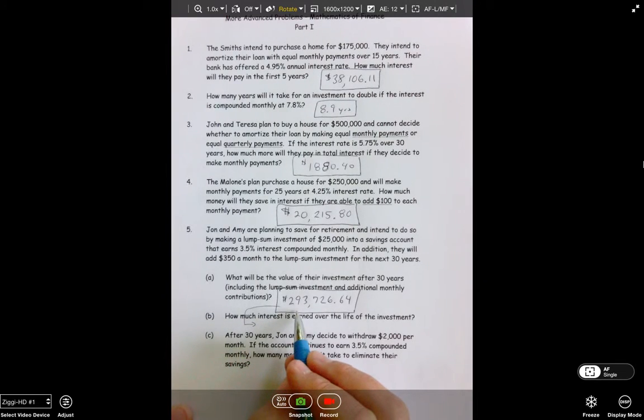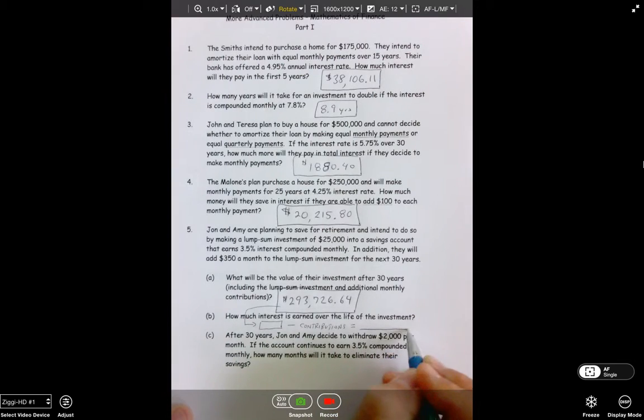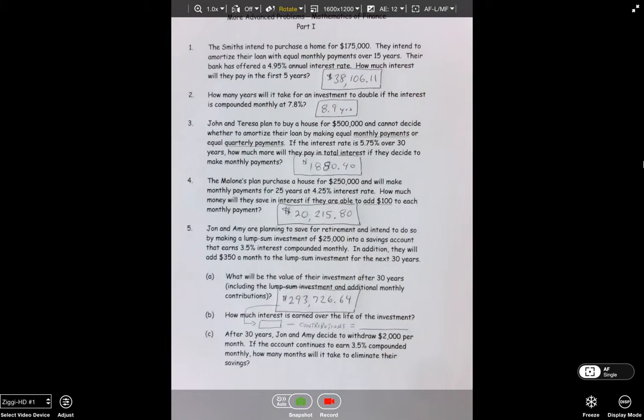You take the total amount you have, take away the contributions that you made, and the rest of that has to be interest. So if we can take this amount of money and subtract the contributions, then the next bit of that has to be the interest that was earned.